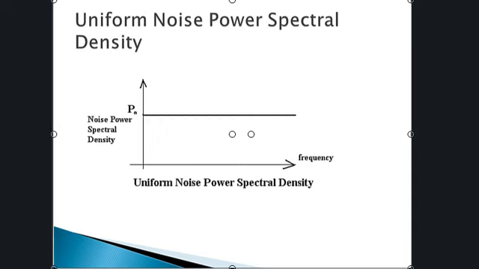And therefore, you'll see that the uniform noise power spectral density is a straight line parallel to the x-axis, that is frequency, and the amount of noise power that you're measuring remains constant. So that's why thermal noise is also called white noise.